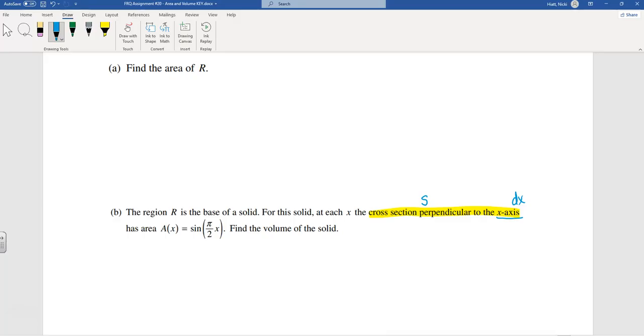If it was a square, we used s squared, right? If it was a rectangle with a height of 6, we did 6 times s. If it was an isosceles triangle with one leg in the base, we did 1/2 side times side, right? All of those. So this one is weird because it tells us that the area is just sine of pi over 2x.